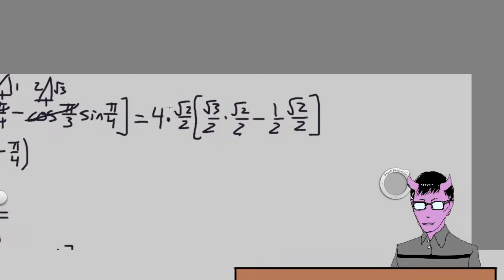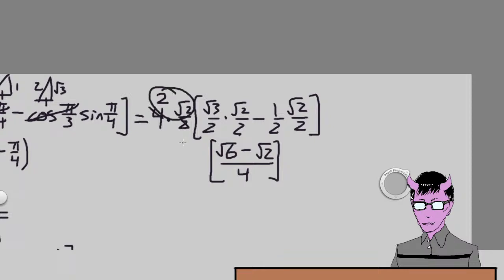So what do we have? We have this 4 partially cancels with this one. These ones are combinable. This is going to be 4, and that's also a 4, so we can combine this one with that one. So those two multiply to become root 6 minus root 2, all over 4.